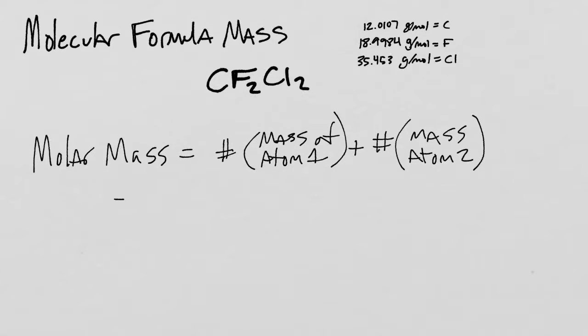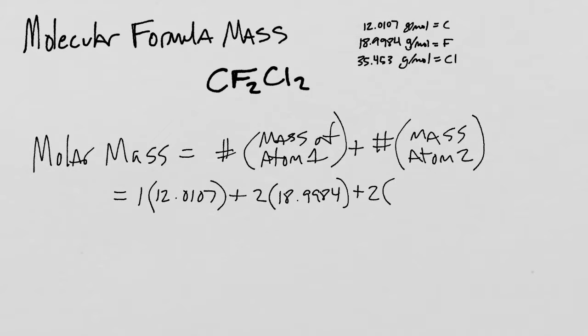Alright, so our molar mass will be equal to, our first atom is carbon, and there's only one, so it's 1 times 12.0107 plus, now we have 2 fluorines, so it's going to be 2 times 18.9984 and 2 chlorines, 35.453.